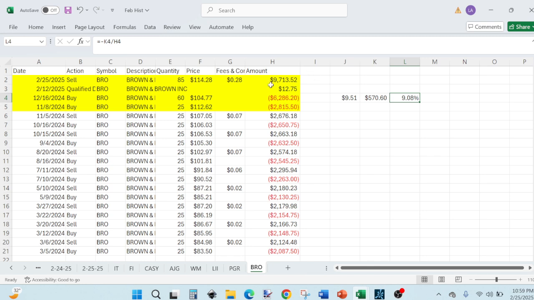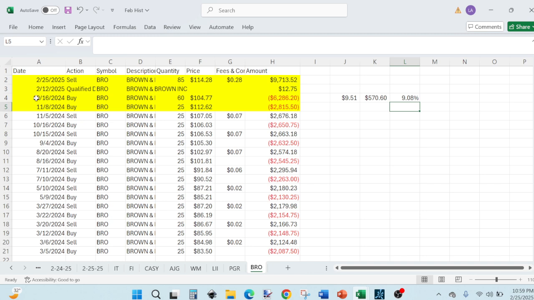But it's not quite accurate though, because we need to add this charge to what it costs us as well. But anyway, it's going to be minimal, so at least it's still going to be about a 9% return for that 2-month time frame that we held it. I'm not talking about the November purchase, but the December purchase.